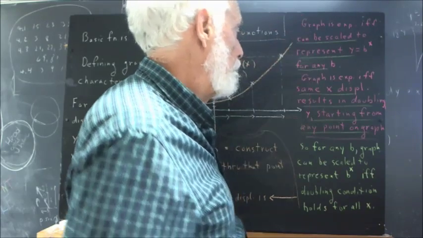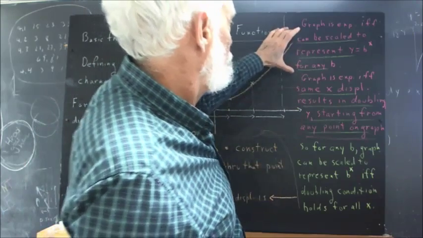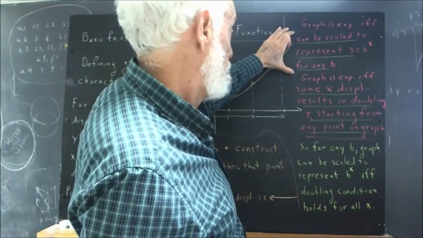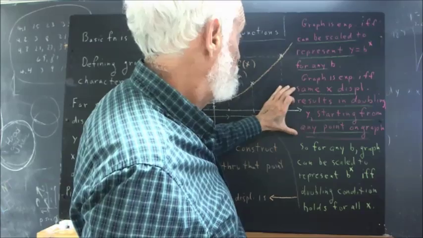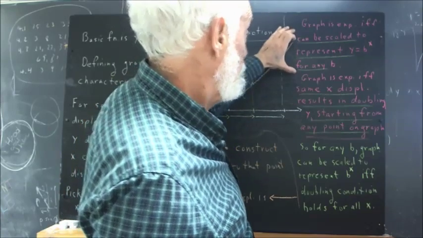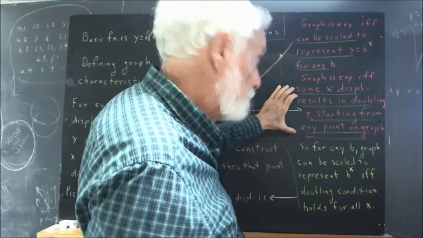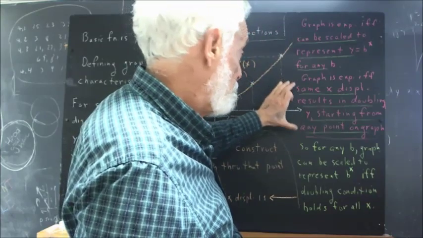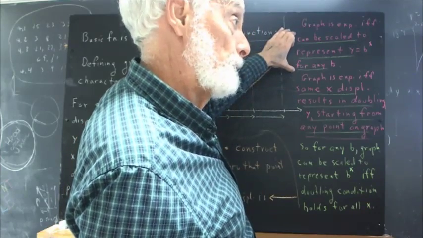Well, I can put those together and say that the green underline here is equivalent to the green underline here. That is, if this condition is so, then this condition must be so, and if this condition is so, then this condition must be so.